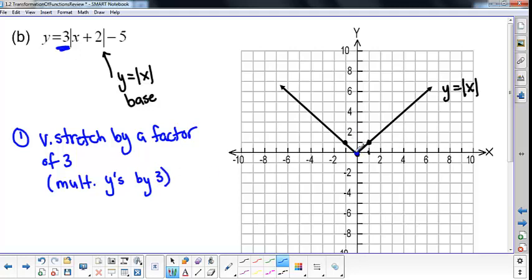Remember, this one is at 0, 0, so that's not going to get moved anywhere. But this y value here is 1, and it's going to get multiplied by 3. So we'll have points here, and same on this side. This y value of 2 is going to be 6 now, and same on both sides. And this y value of 3 ends up being at 9, and so on and so forth.